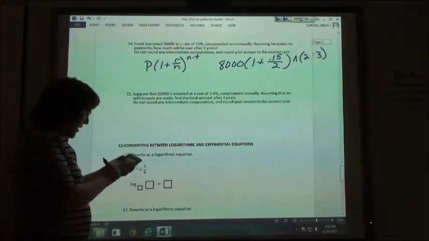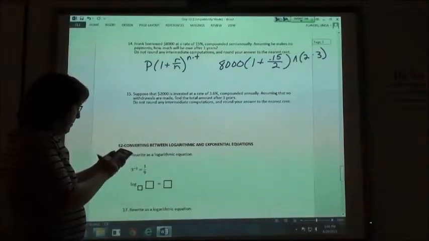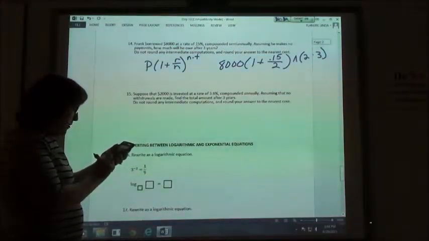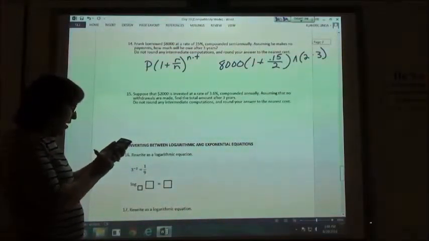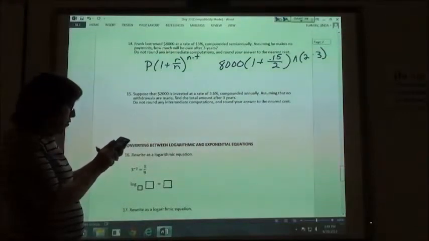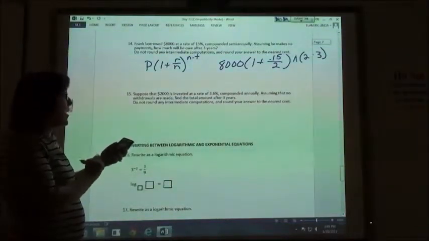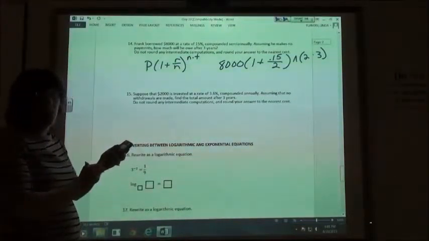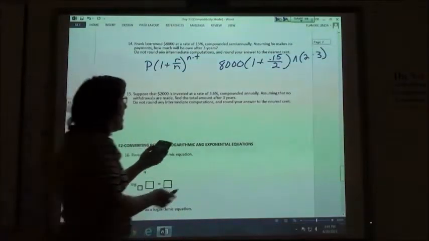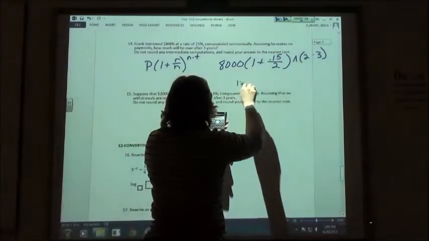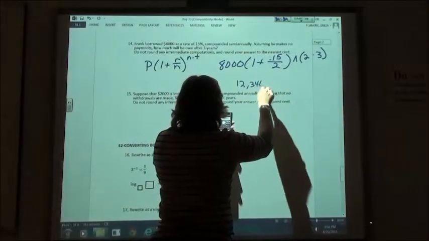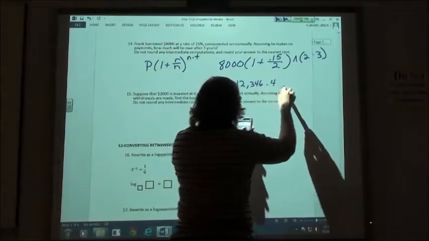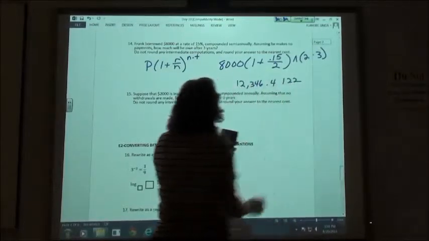So we're going to punch that in, 8,000, parentheses, 1 plus 0.15 over 2, to the, in parentheses, 2 times 3, or just to the 6th power, and I get $12,346.4122, so 41 cents.